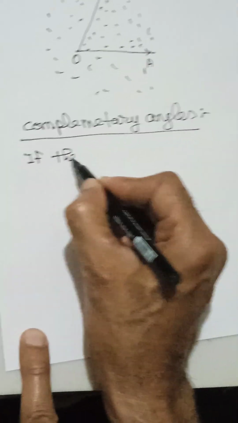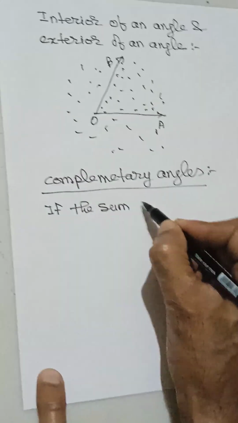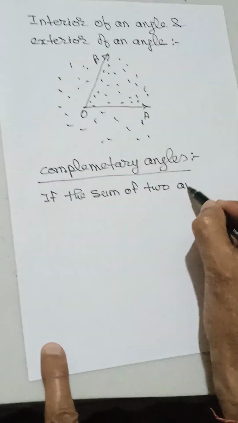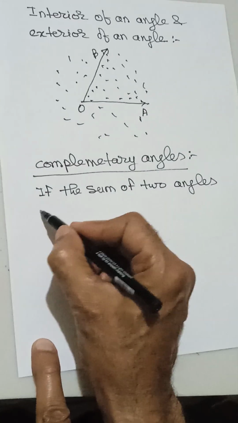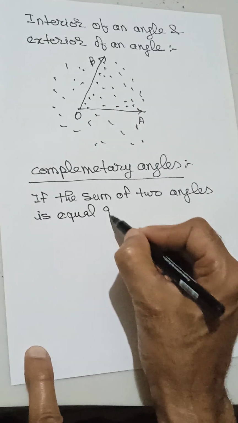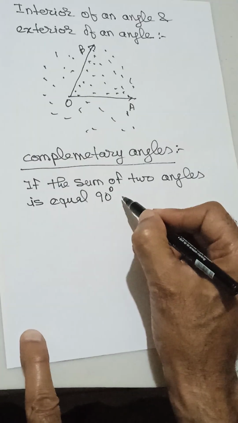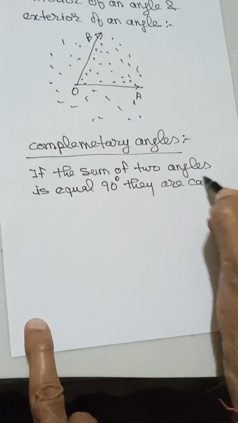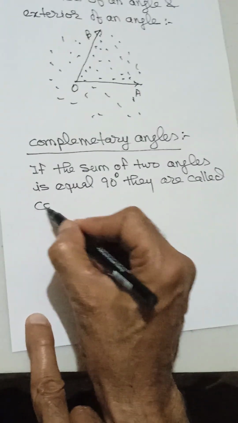If the sum of two angles is equal to 90 degrees, then they are called complementary angles.